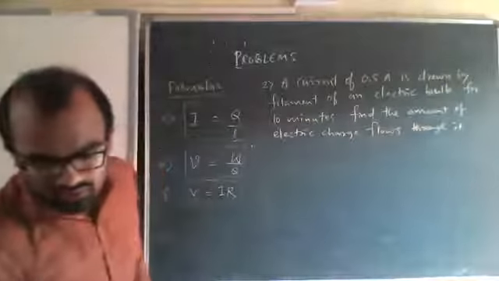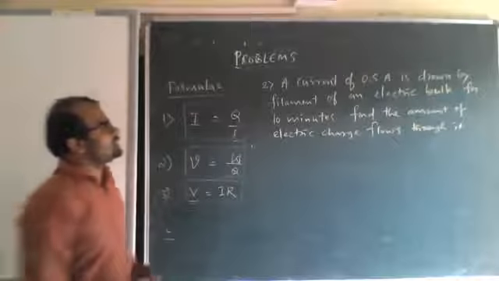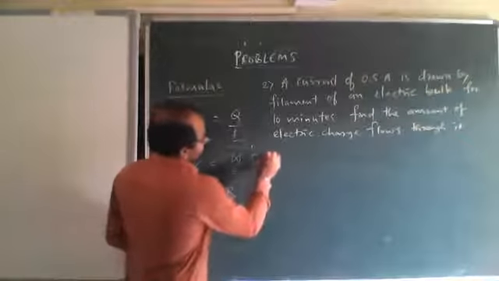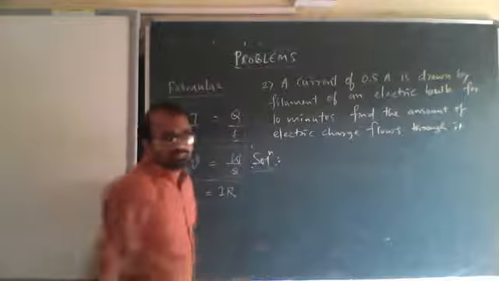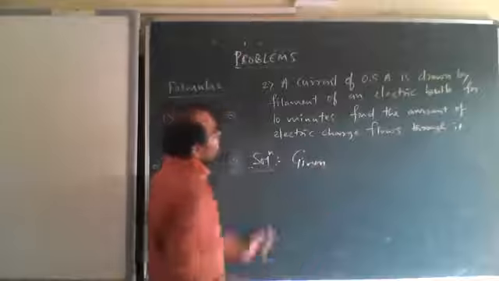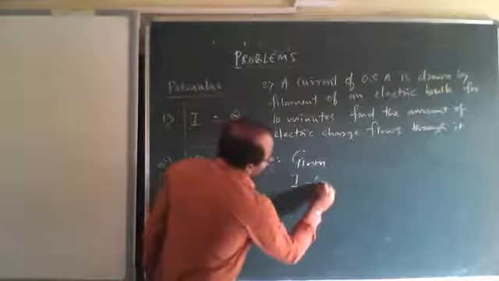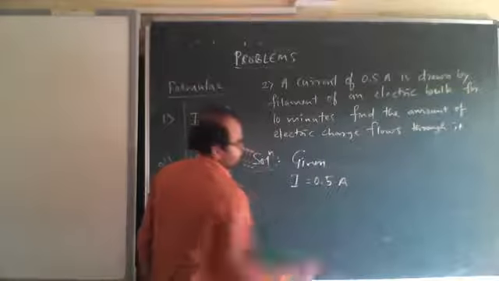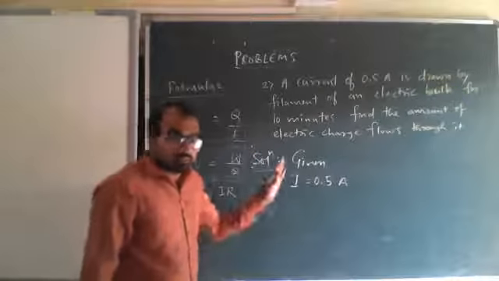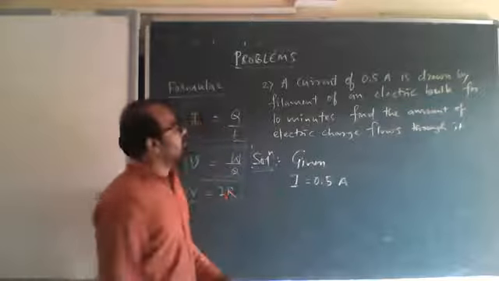Okay, understand now. A current of 0.5 ampere is drawn. So what is given? Understand properly. Current of 0.5 ampere, so I is given. Ampere is its SI unit, so it is given in ampere, which means it's electric current.